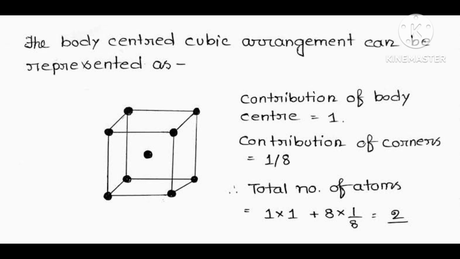Again I am telling you, since each cubic unit cell has 8 atoms on its corners, the total number of atoms in one unit cell is 8 into 1/8, that is 1 atom only, not 8, only 1 atom. Correct?